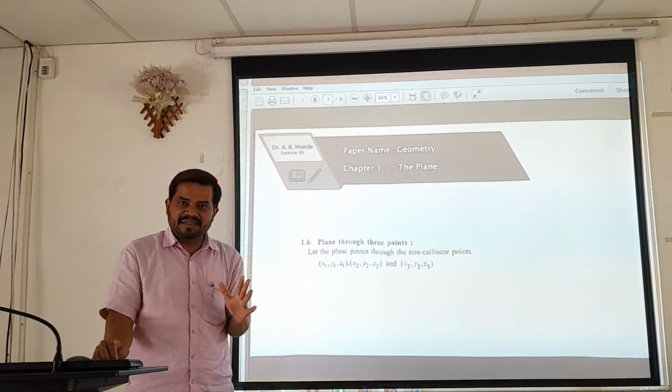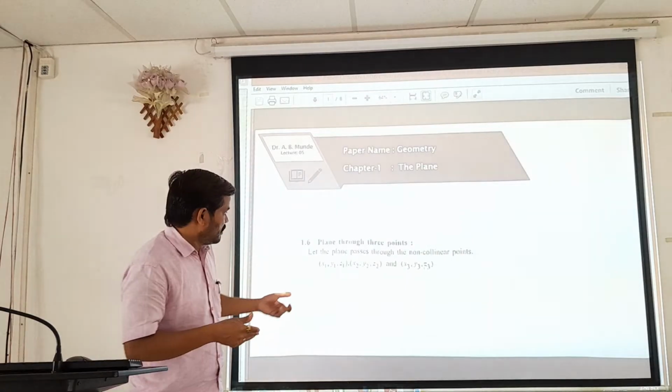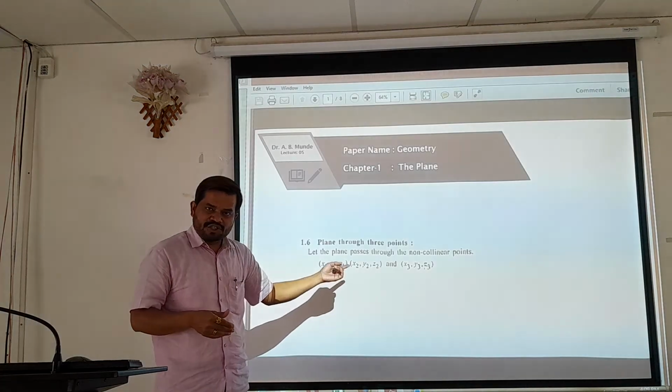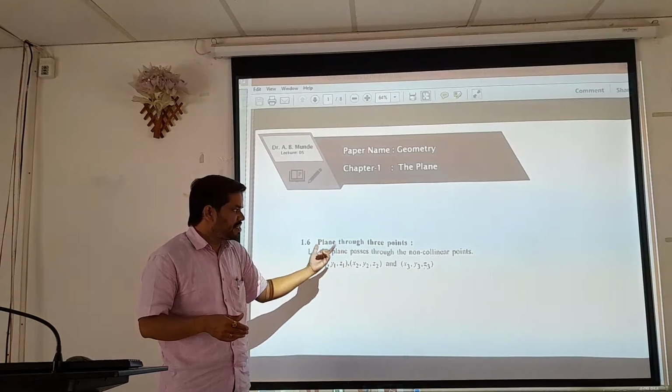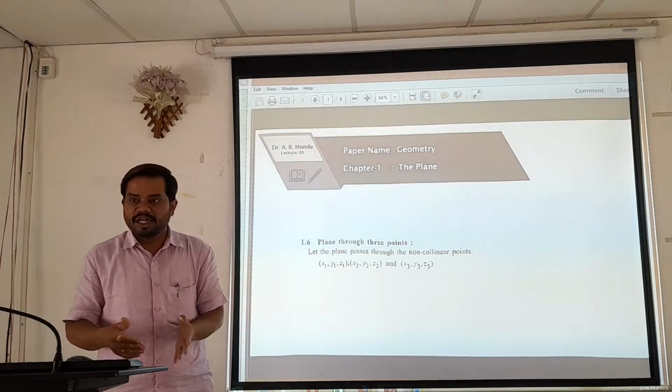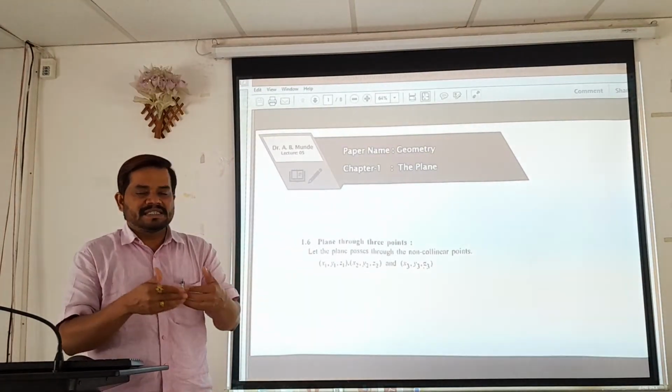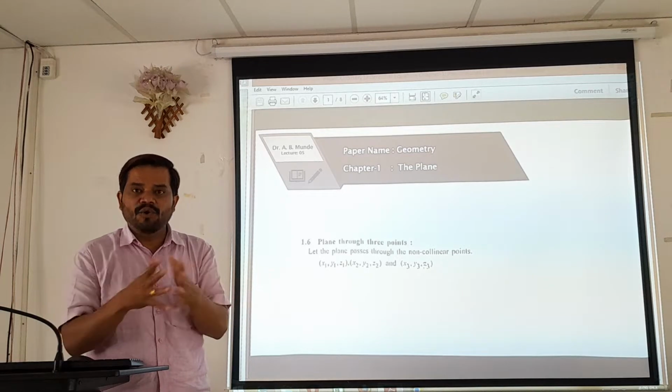So we can consider the 3 points (x1, y1, z1), (x2, y2, z2) and (x3, y3, z3). These are 3 non-collinear points. Non-collinear means these 3 points are not on one line.